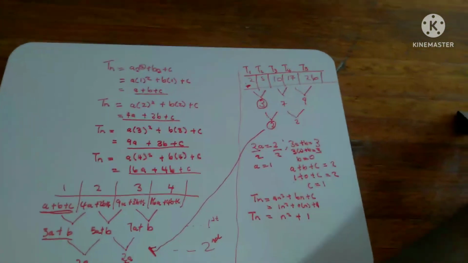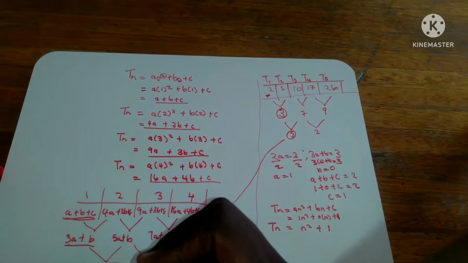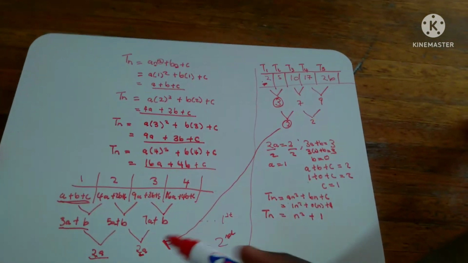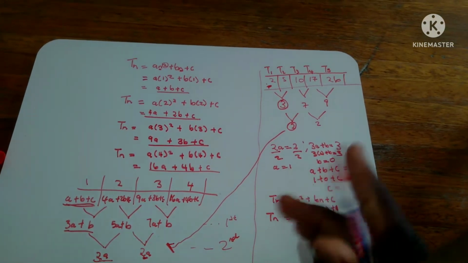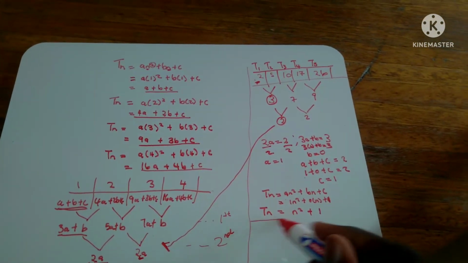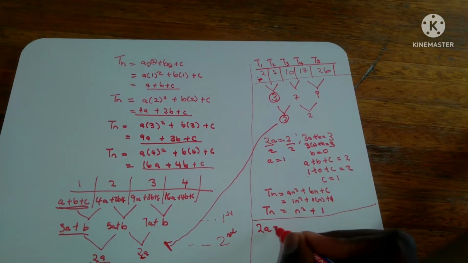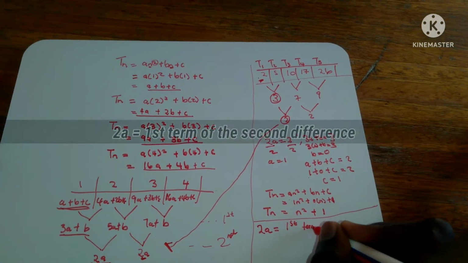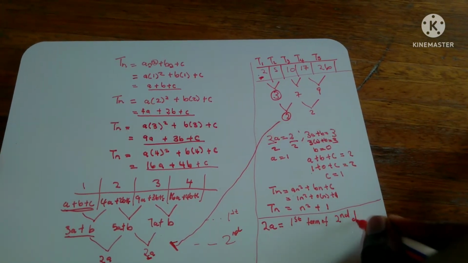So here, you don't really need to do this every time because this stays constant. These 3, this one, and this one, they will always stay constant. The 2a, the 3a plus b, the a plus b plus c will always stay constant. So how do we conclude here? We'll conclude by saying that 2a is equal to the first term of the second difference.